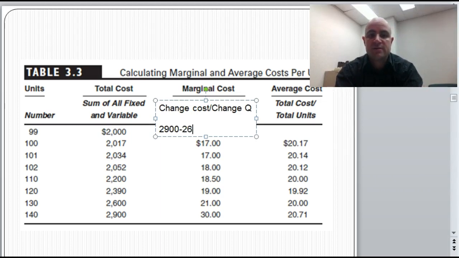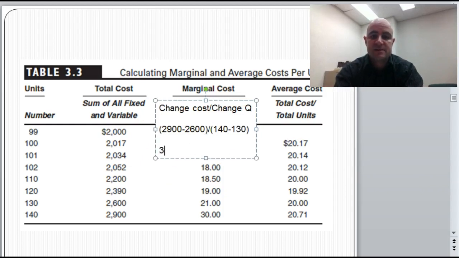Divided by the change in quantity. Now it's not going up by 1, so you have to look at it over that range. And so divided by 140 minus 130, and that comes out to 300 over 10, which is 30. So that's where you get that marginal cost in there.